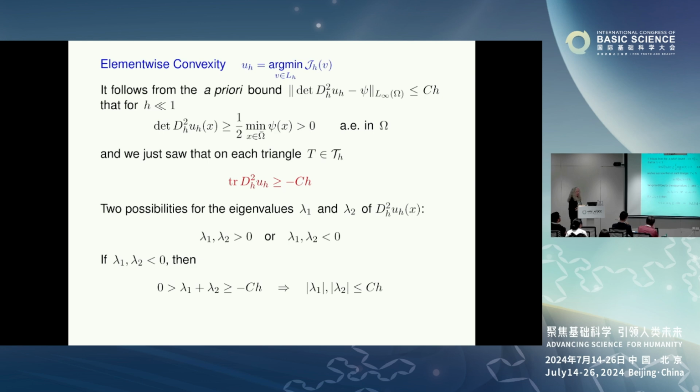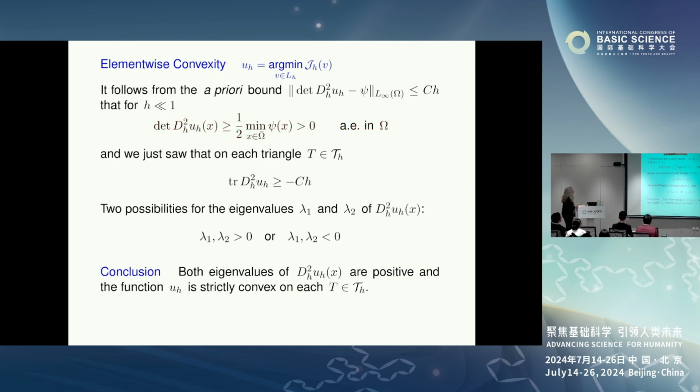If they're both negative, then the lower bound for the trace implies that their absolute values are bounded by H. And we have a contradiction to the lower bound for the determinant that we had at the top. So we can conclude that both eigenvalues are positive, and the function UH is strictly convex on each triangle T in our triangulation.